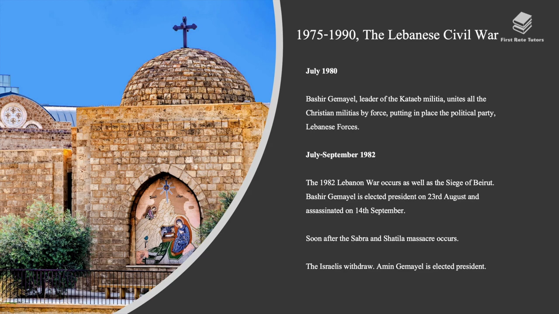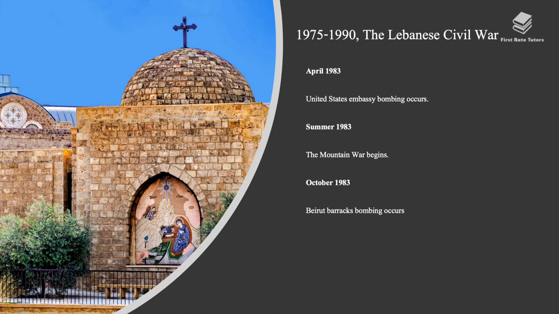Between July and September 1982, the Lebanon War occurs as well as the siege of Beirut. Bashir Gemayel is elected president on the 23rd of August and assassinated on the 14th of September. Soon after, the Sabra and Shatila massacre occurs. The Israelis withdraw. Amin Gemayel is elected president.